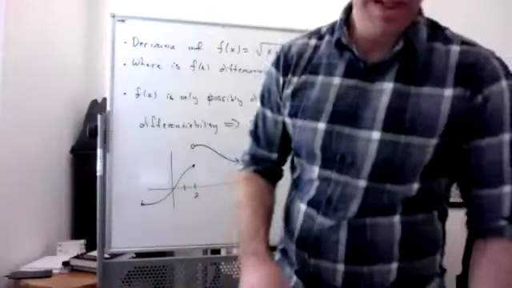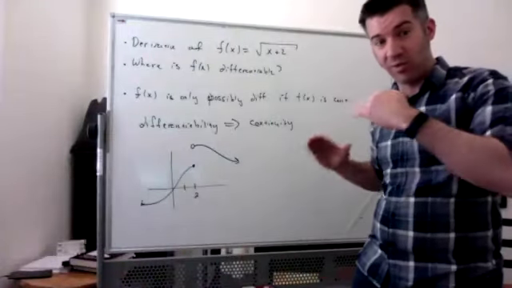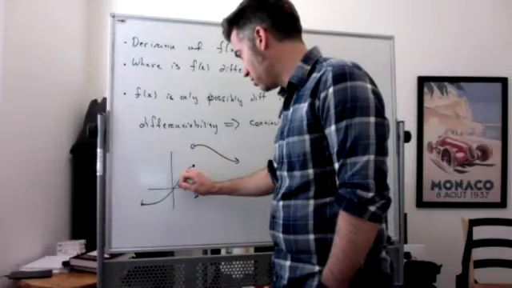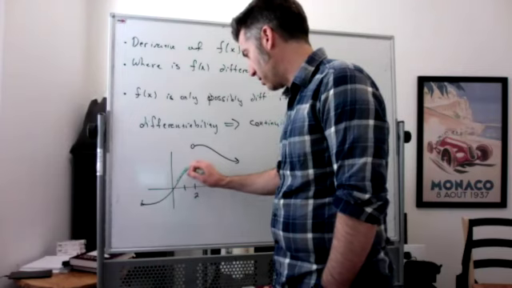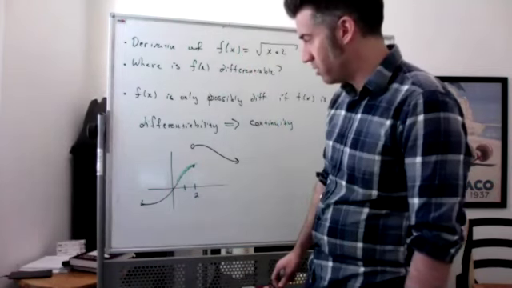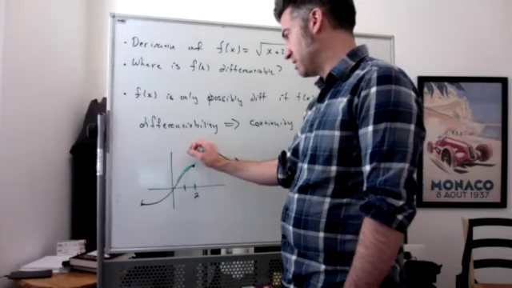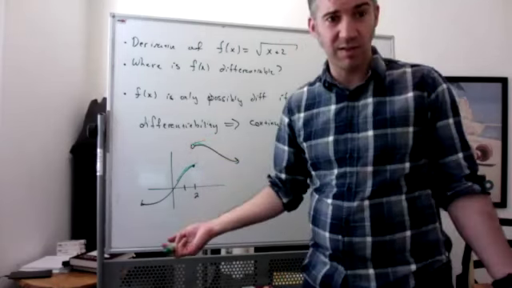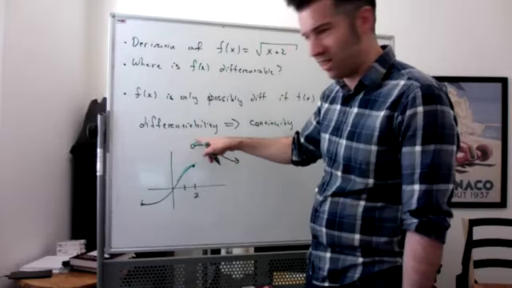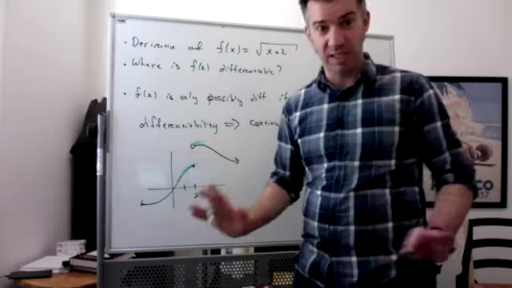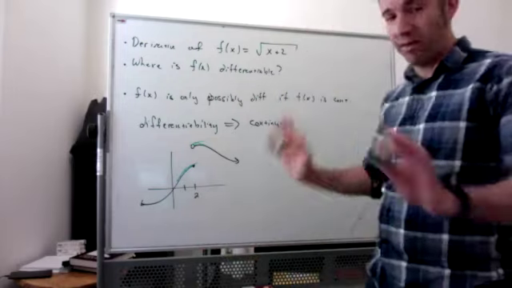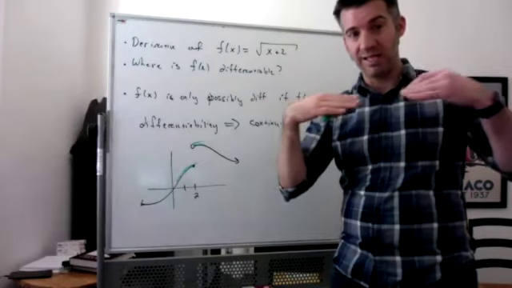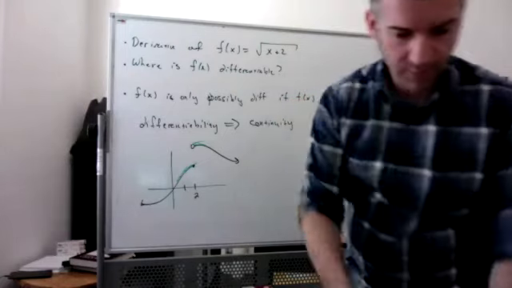Well, the slope of the tangent line needs to be the same from the left and the right. The slopes of the tangent lines on the right don't even have a chance of being the same. Also, you can't really have a tangent line there. So it's a big problem if it's discontinuous. You have to have a function being continuous for the left and the right hand tangent lines to make sense that they would match up.